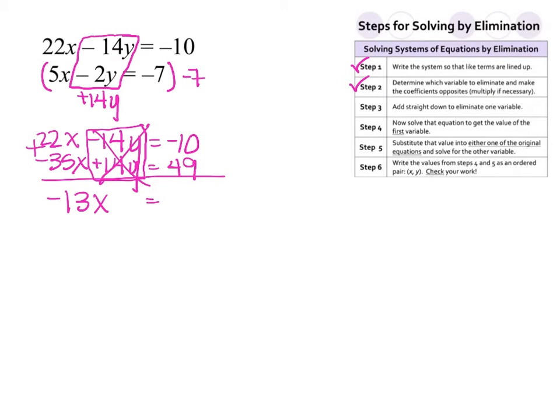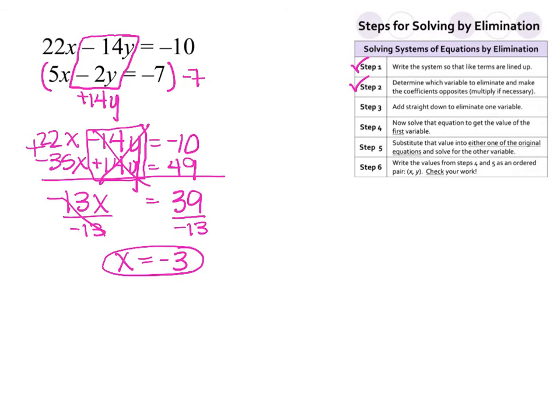And negative 10 plus 49 is the same thing as 49 minus 10, which gives me 39. When I divide by negative 13, I get that x is negative 3.